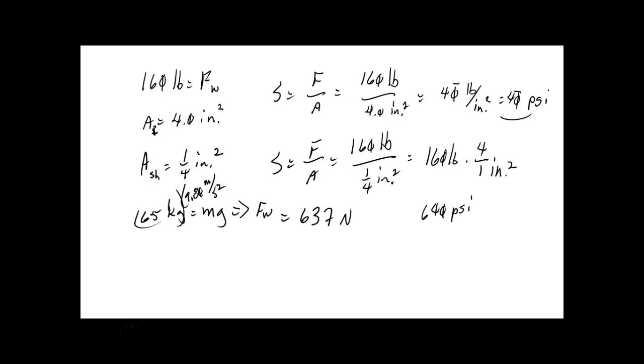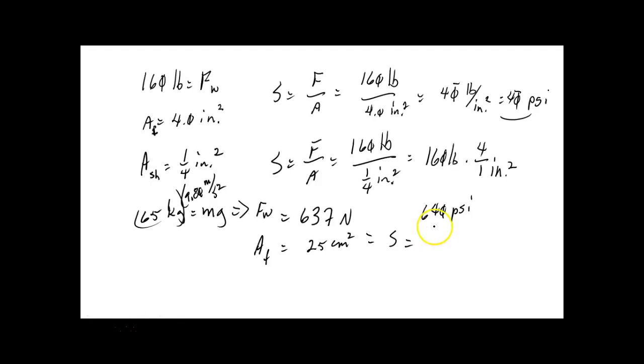Now, on the first case, that's going to be a 25 square centimeter heel. That would be equivalent there. So the area of her flat shoe was going to be 25 square centimeters. So what would that give you? The stress would be 637 newtons divided by 25 square centimeters.